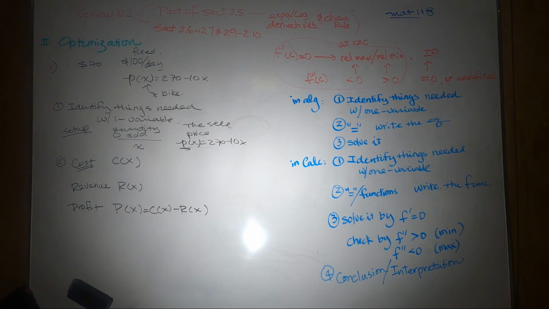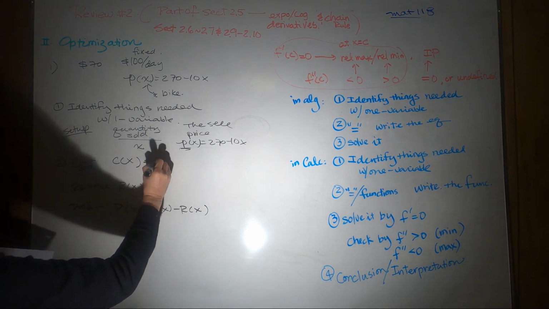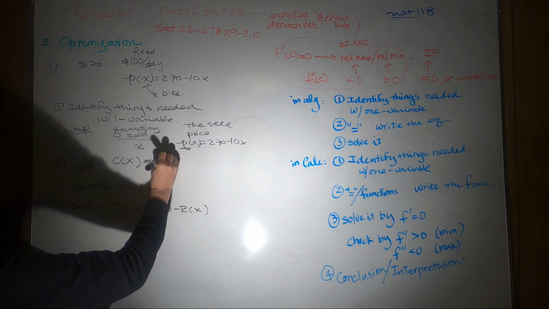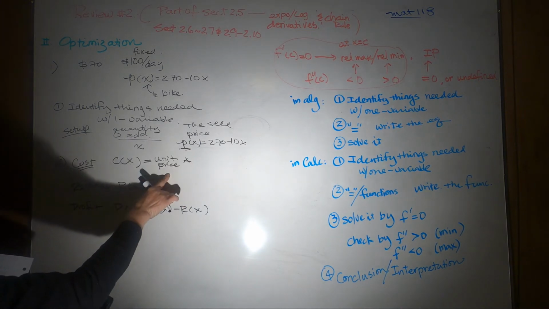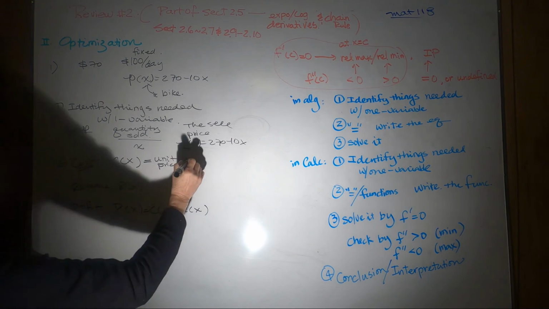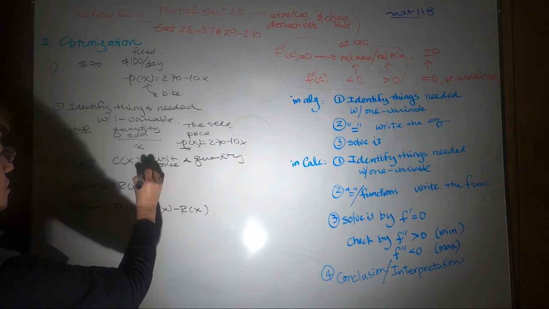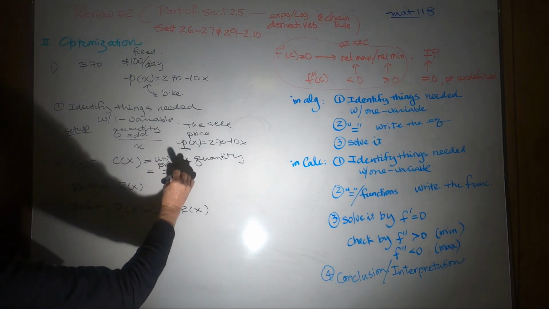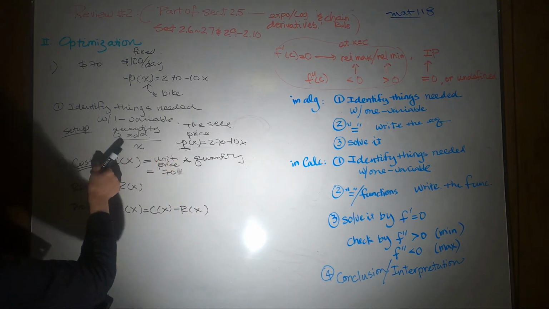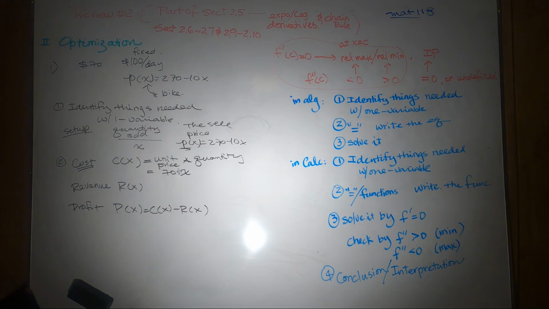Is that right? So what's your cost? Your unit price times how many sold, the quantity. That will be your cost. Unit price is $70 times quantity, which is your x from your setup, right?